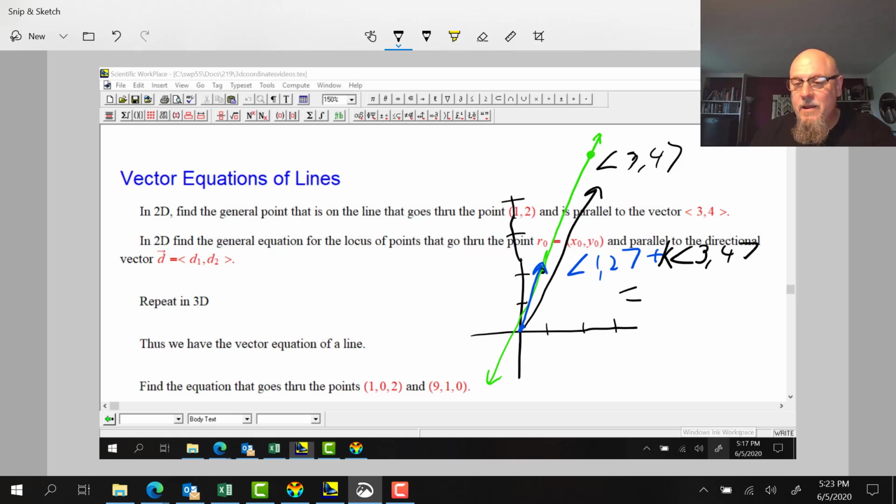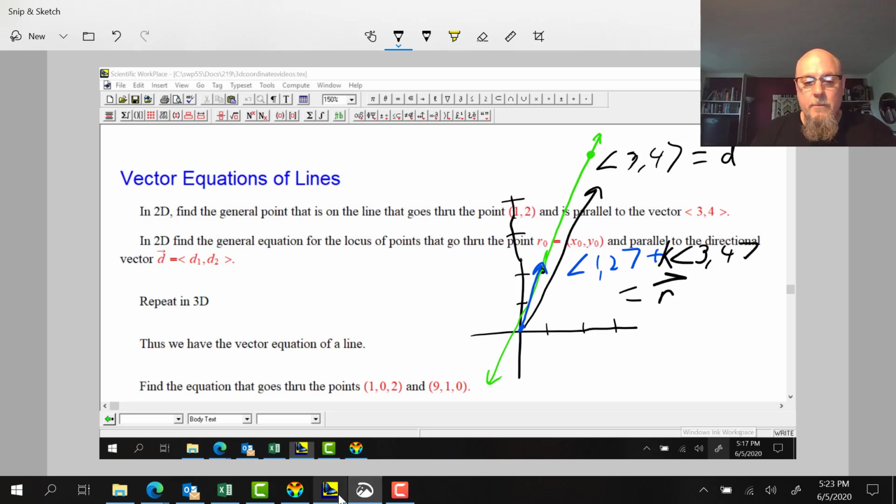I'll call that k, and that gives me r, any point on the line. So I've expressed all the xy points r as the vector <1, 2>, which gets us on the line, plus the direction vector <3, 4>. This <3, 4> we're going to call our direction vector. This <1, 2> is going to be our point on the line.